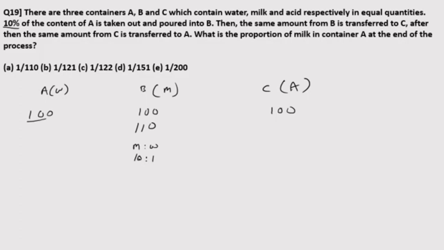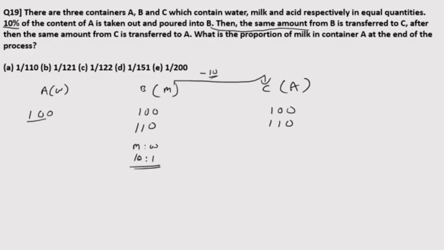Then the question says the same amount from B is transferred to C. Same amount means again 10 liters. So the volume of B becomes 110 because I transferred 10, and those 10 liters that I transfer from B to C will be in the ratio 10:1.